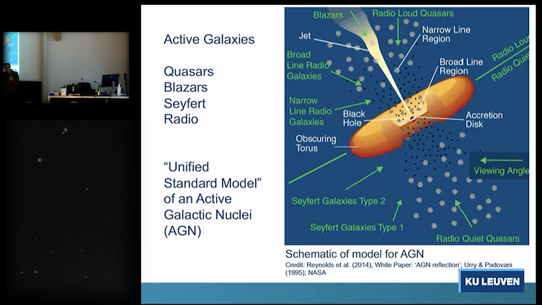And it's accreting a lot from this accretion disk, so we get a very, very high associated accretion luminosity. So here again, the main luminosity of the galaxy doesn't perhaps come from the stars. It comes from the accretion luminosity, from accretion around that central massive black hole. And then we have an obscuring torus, et cetera, with associated jets, and then depending on the viewing angle, we might see this a little bit differently.